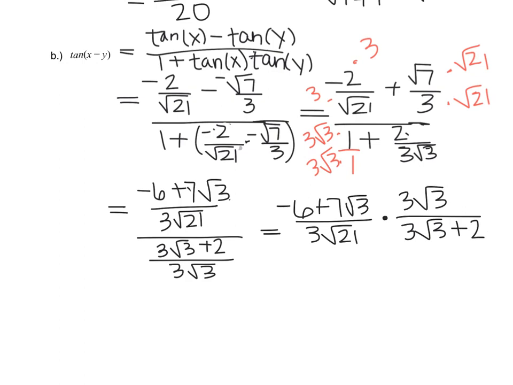So before I start distributing, I'm going to simplify first. So I have a 3 and a 3 that are going to cancel. And just like before, when I simplified the radical 7 over radical 21, I'm going to simplify this radical 3 over radical 21. So it's just going to become radical 7 in our denominator.